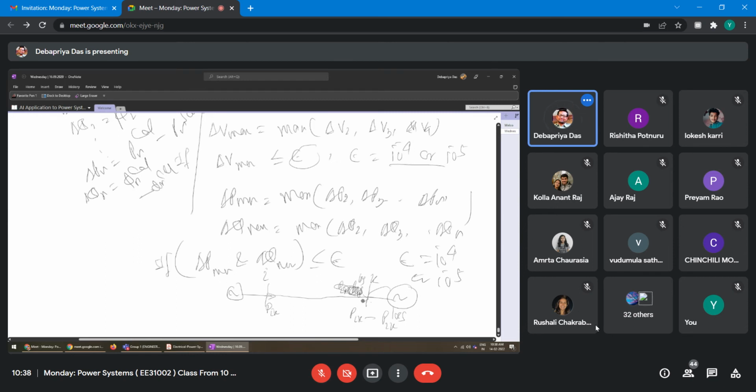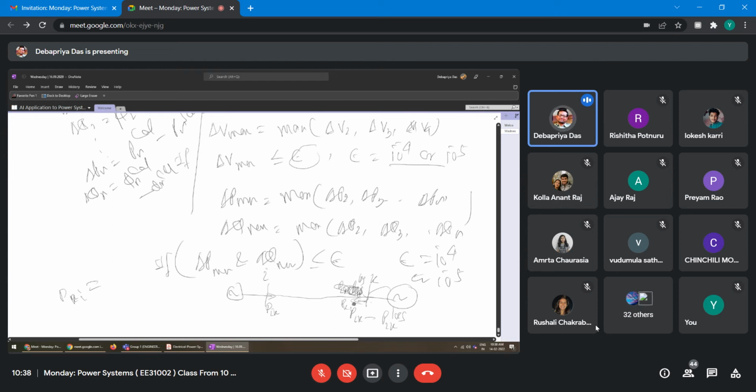If you take the power in this direction, K to I, then at this point, where the other is I to K, it will be PKI. So in general, PKI is equal to minus of PIK minus P loss IK, because the direction has changed.